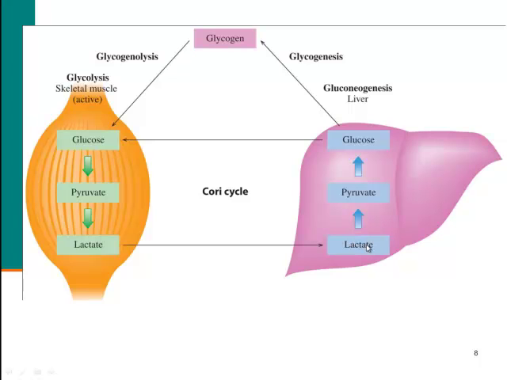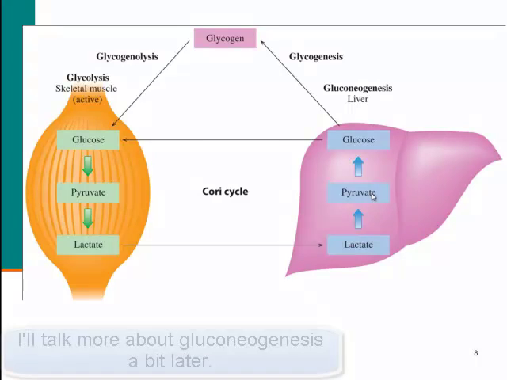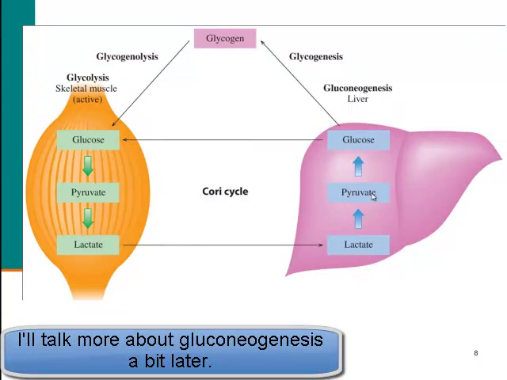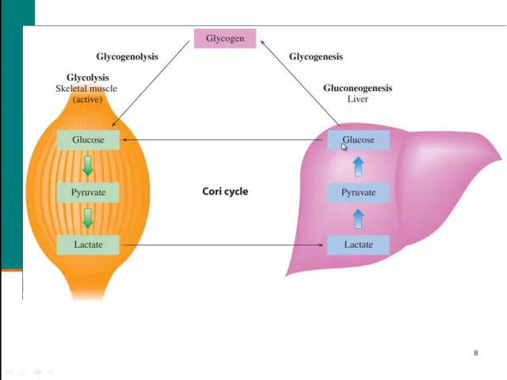Now in the liver, the lactate can be converted back into pyruvate because the cells of your liver have enzymes that can accomplish that. Now in your liver, the pyruvate can be utilized to synthesize a glucose molecule. This is through the process called gluconeogenesis. This glucose can then be delivered back into the blood, where it can be taken back up by muscle cells or other cells of your body.